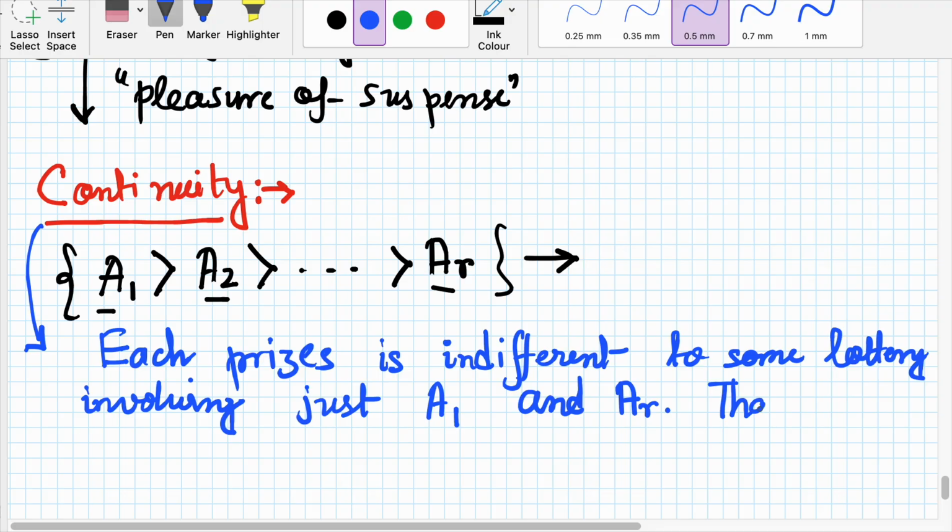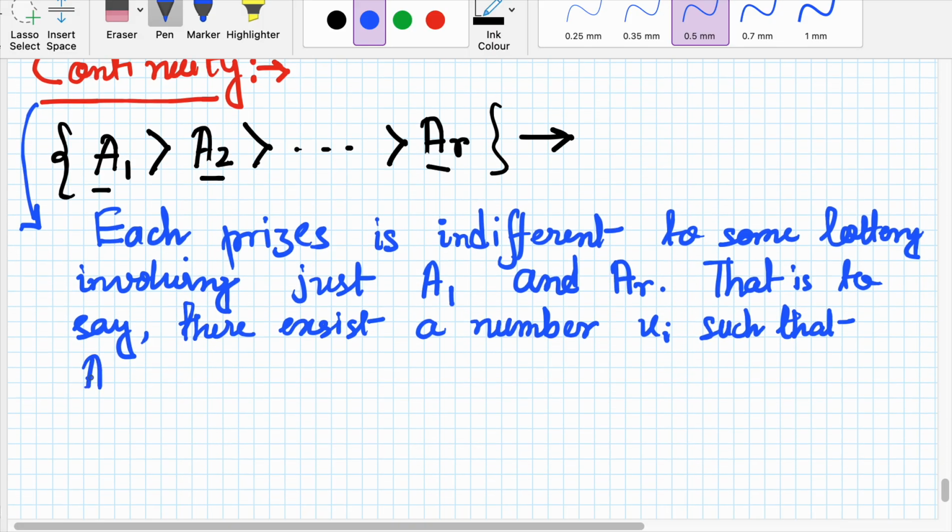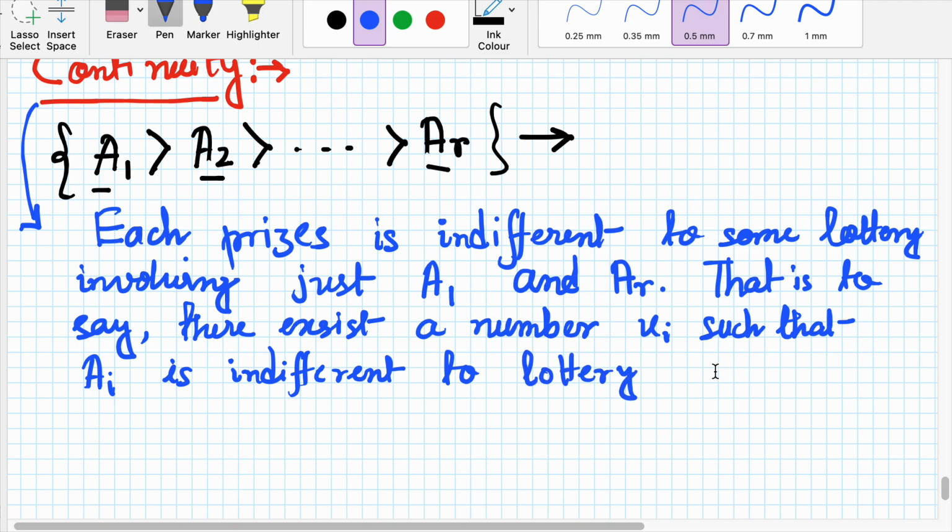That is to say, there exists a number Ui such that Ai is indifferent to the lottery (Ui A1, 1 minus Ui AR).